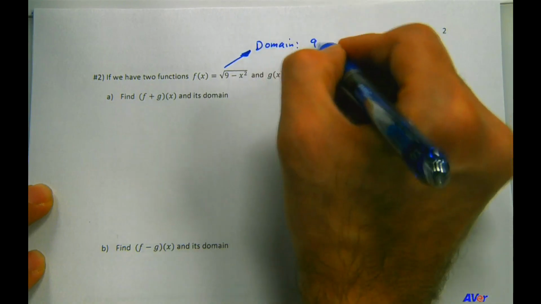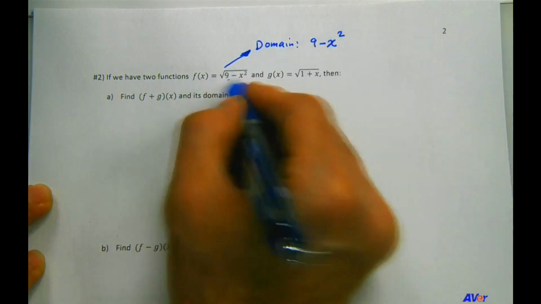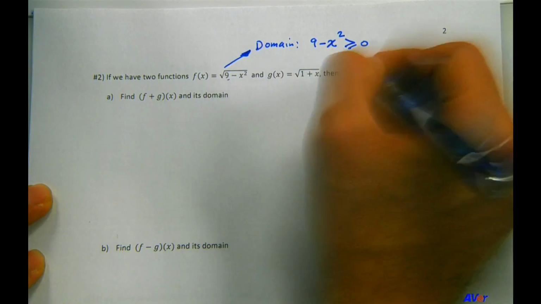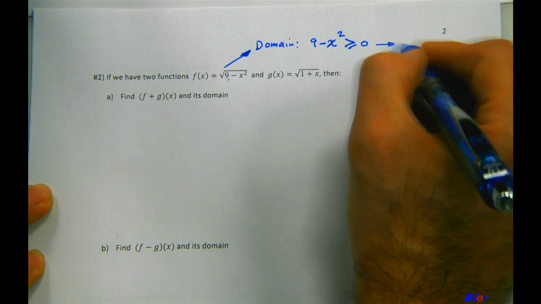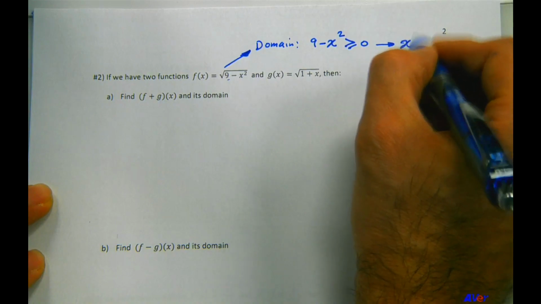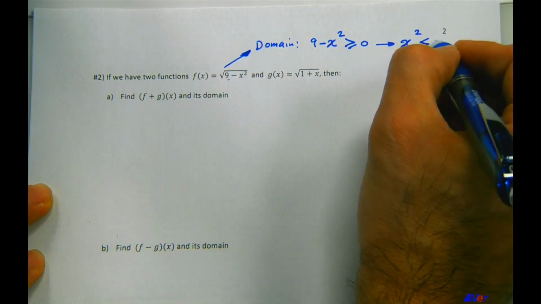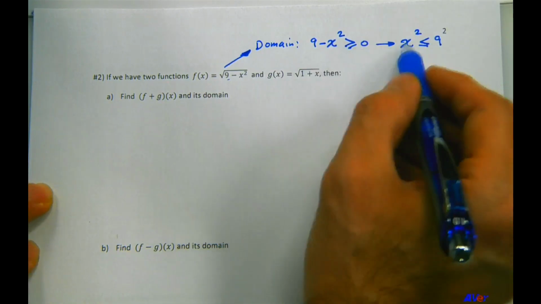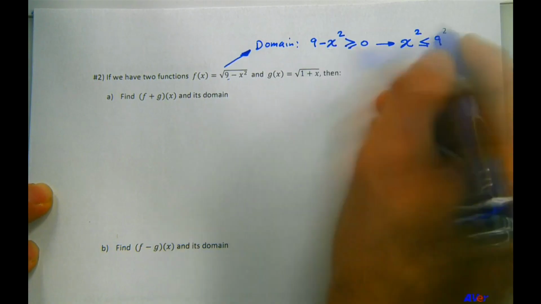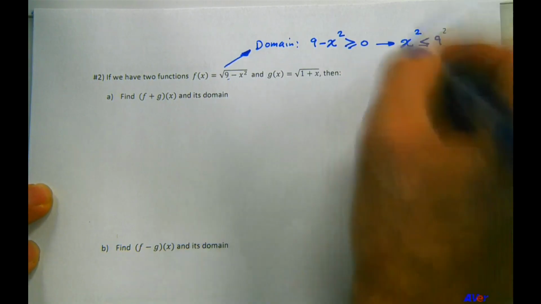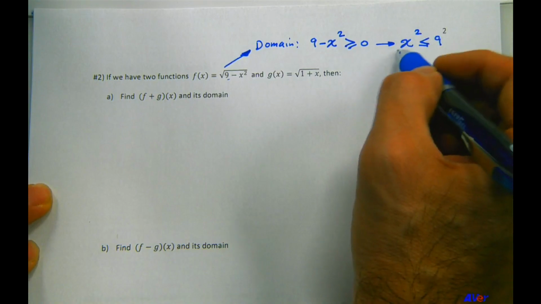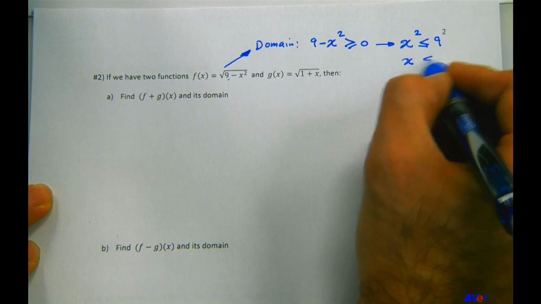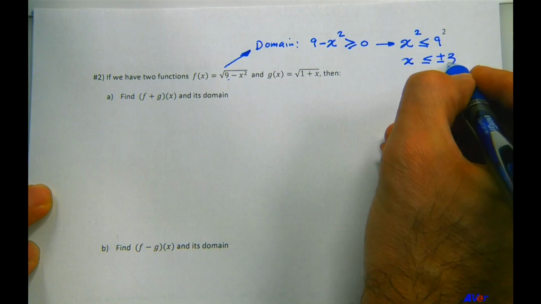So the domain here would be when 9 minus x squared, inside the radical, is greater than or equal to 0. That will be x squared less than or equal to 9. I put the x squared on this side just out of habit, to have my variables on the left side. Then x is between plus or minus 3.